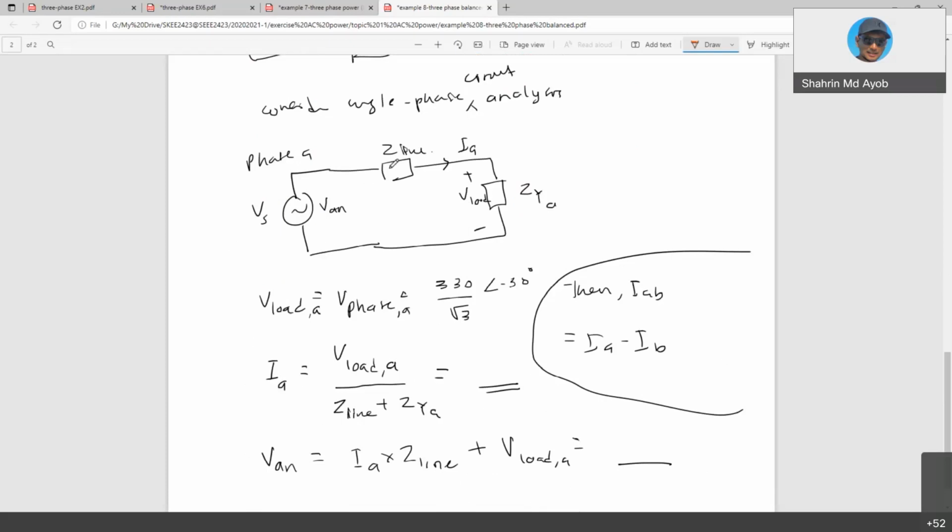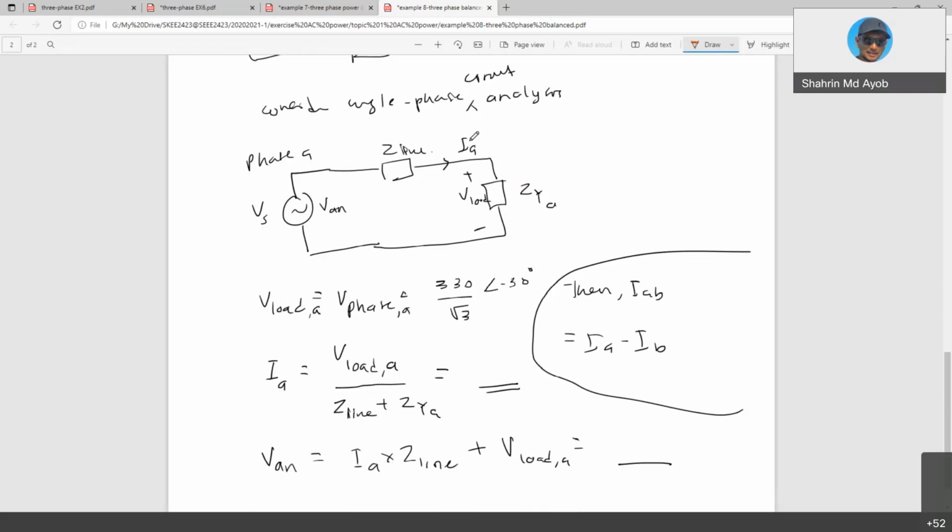After that, you can just use simple AC circuit analysis. You have a single phase voltage, you have impedance Z line and your Z load. Then you can calculate your phase current and your load voltage.